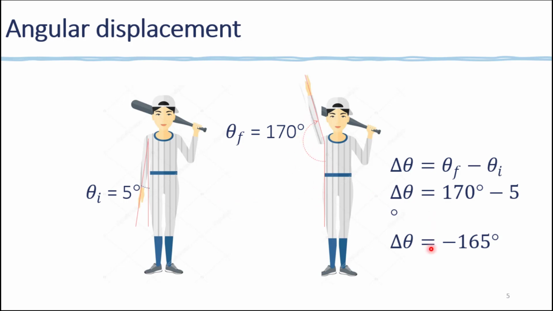So the angular displacement is negative. So it's negative 165 degrees or 165 degrees in the clockwise direction.